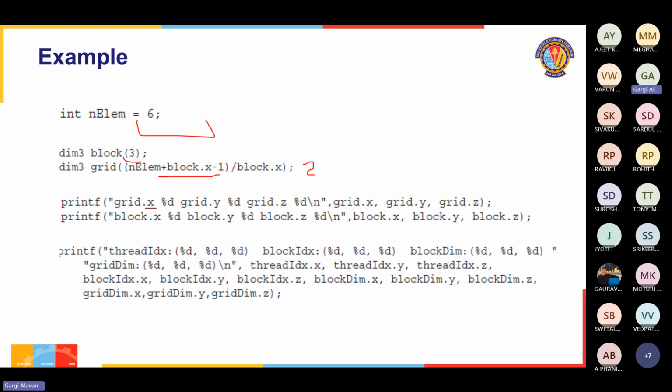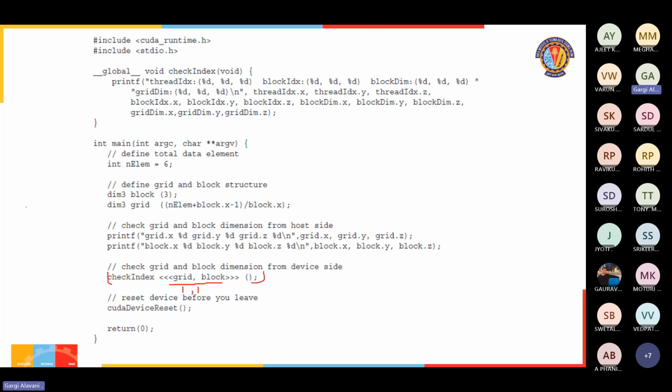We are printing the grid dimension, we are printing the block dimension, and we are also printing the thread index, the block index, the block dimension, and the grid dimension in this particular example. This is the kernel function. So you can go through this for a minute and then we'll see the output.